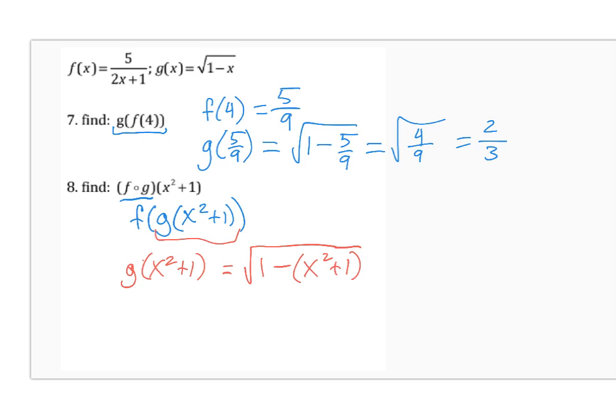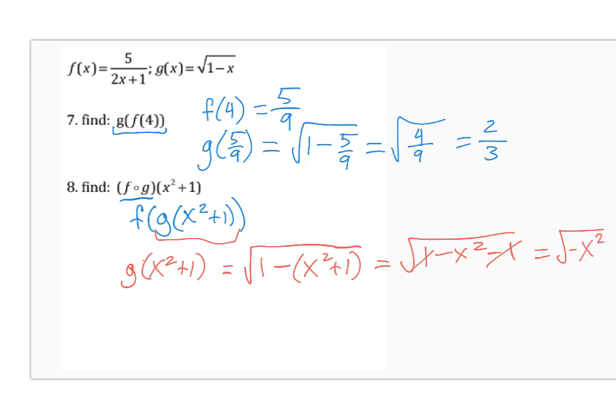Anyway, when we do that, I'm going to simplify that to be 1 minus x squared and then minus 1. My 1's cancel out, leaving me with the square root of -x squared.